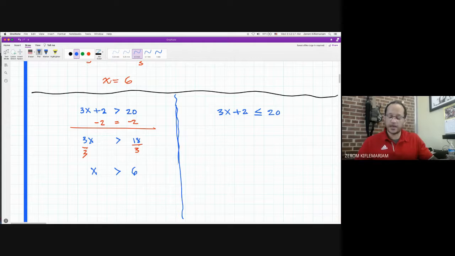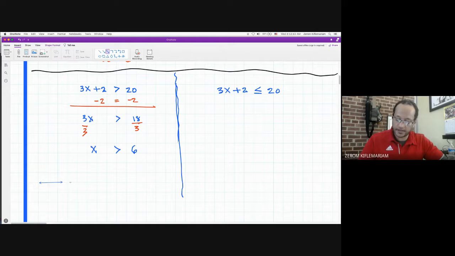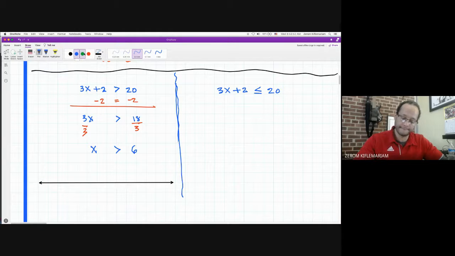Just for the sake of understanding, if I'm looking at the number line called x, I have 6 over here. Let's go ahead and say 7, 8. It goes to positive infinity.